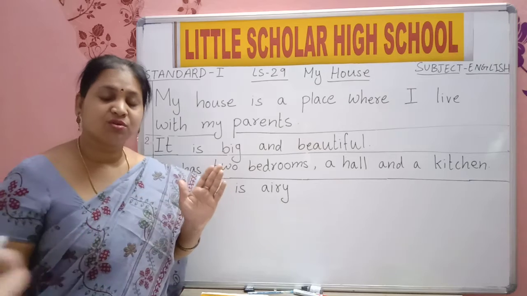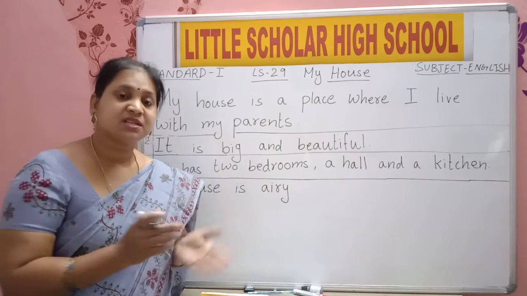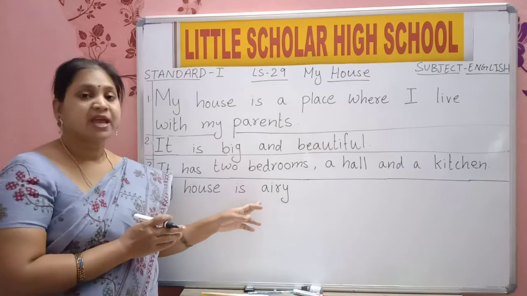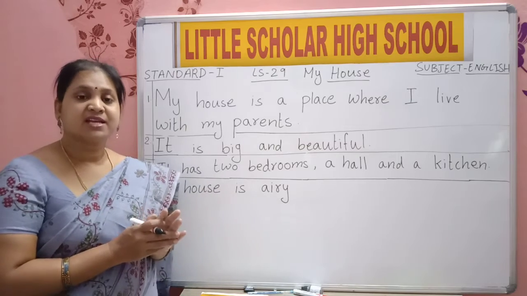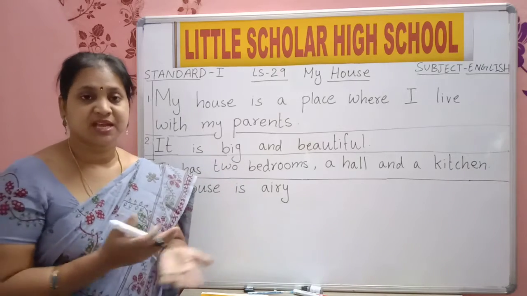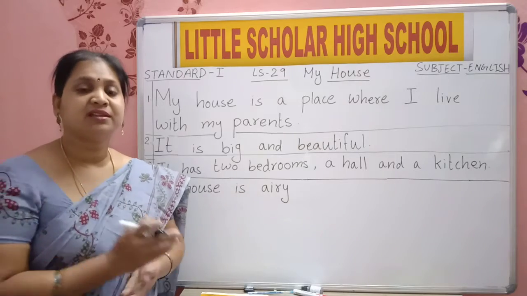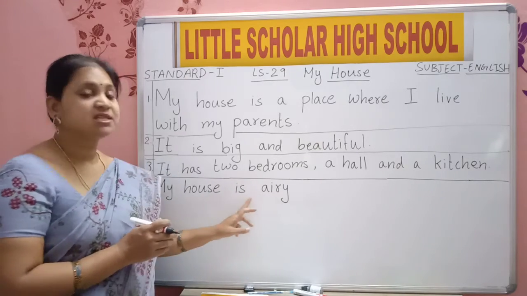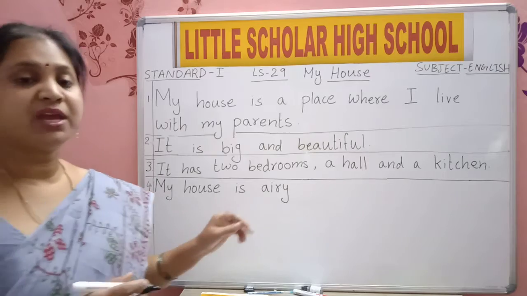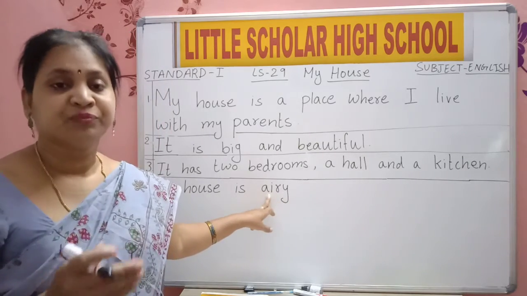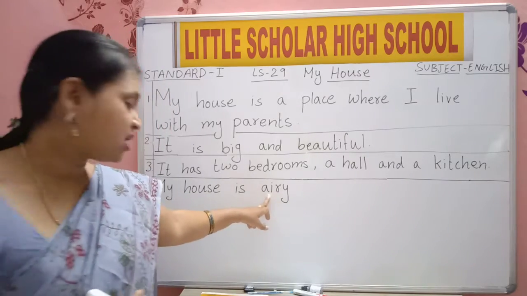Dirty air goes out and fresh air comes inside the house. It has many windows and doors, so that fresh air comes inside the house. So my house is airy. Airy means fresh air comes inside the house.